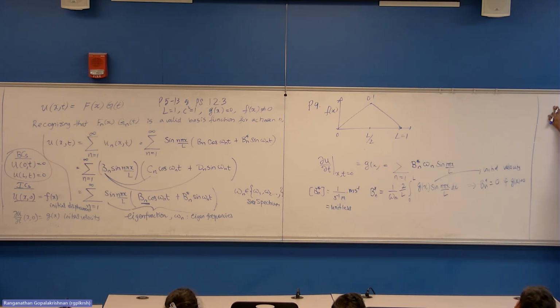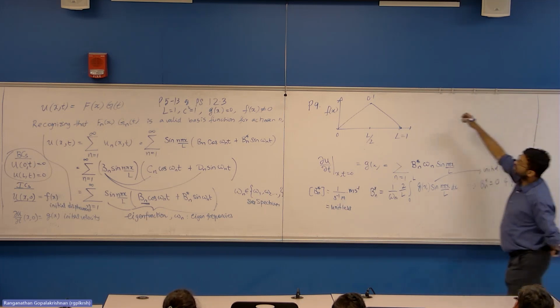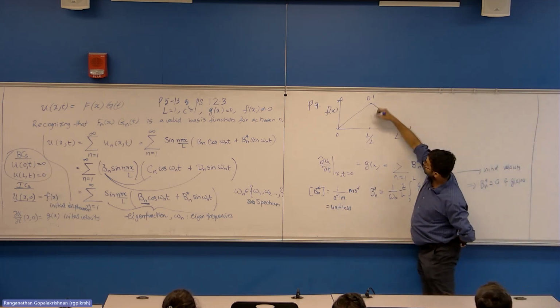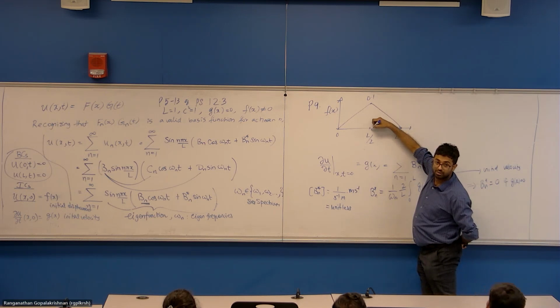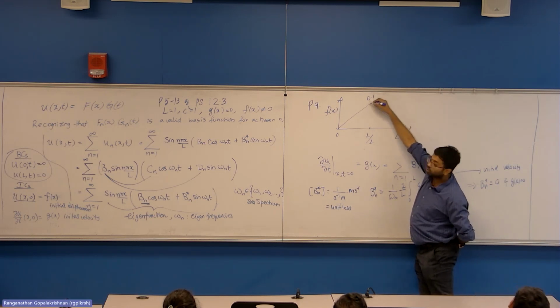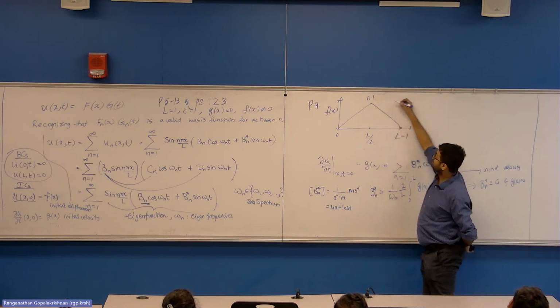It is a piecewise function, which is continuous but not differentiable at L divided by 2. It has the same value, but the slopes are different, so it's not differentiable.